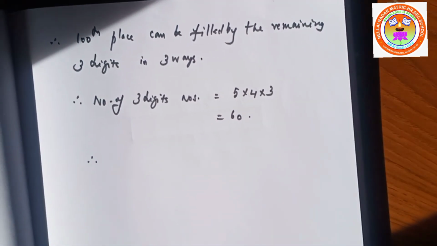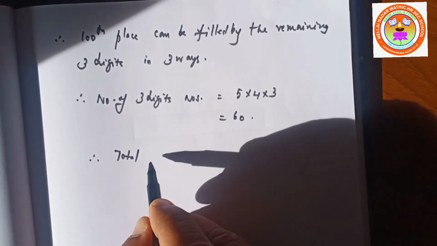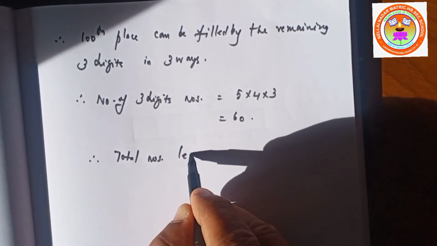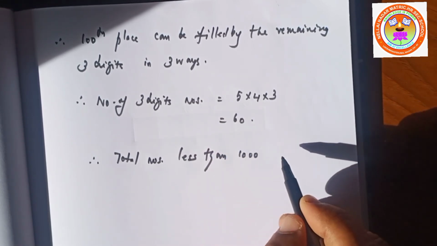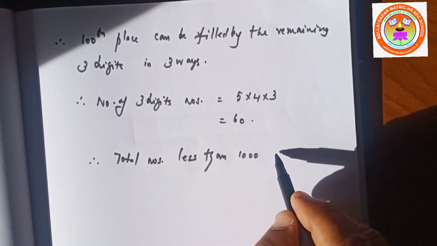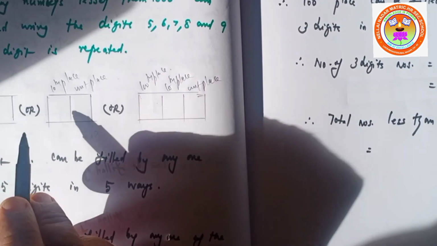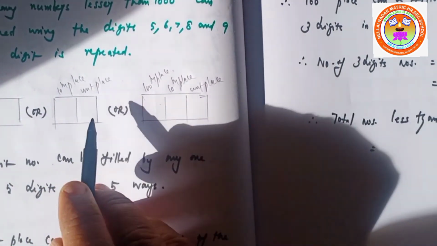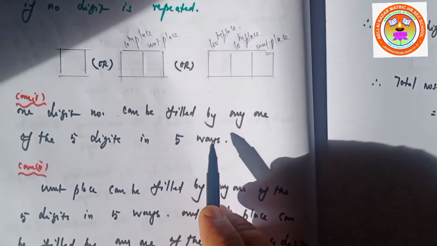Finally, we have the result. Total numbers less than 1000 is equal to, you are given 'or', which means you have to add each and every value. For the first case, 5 ways.